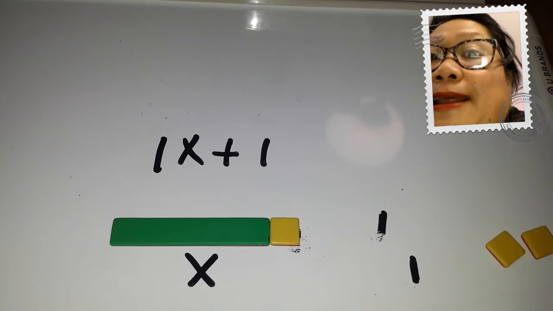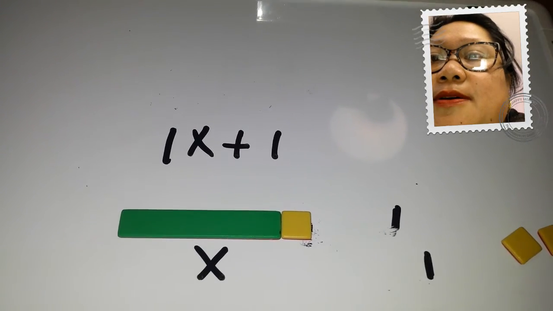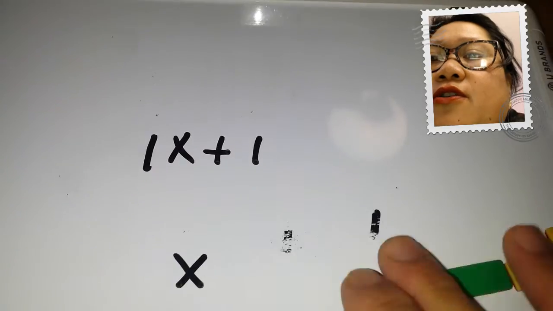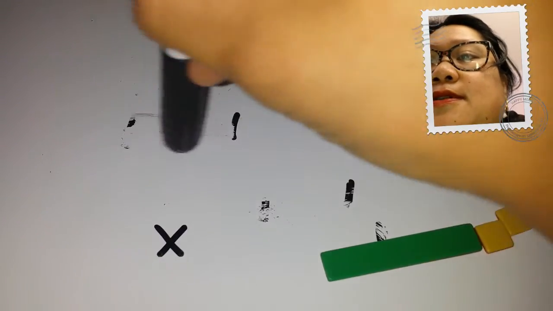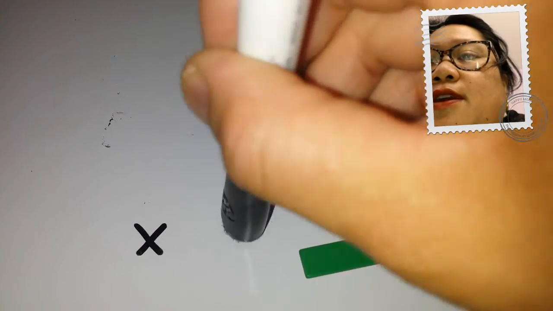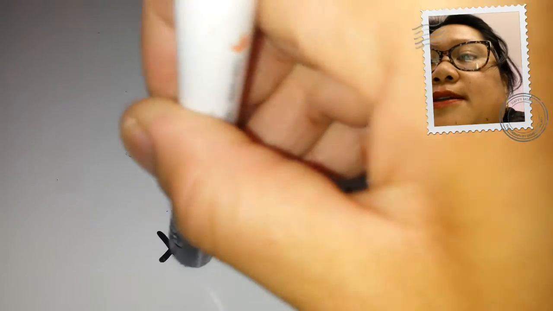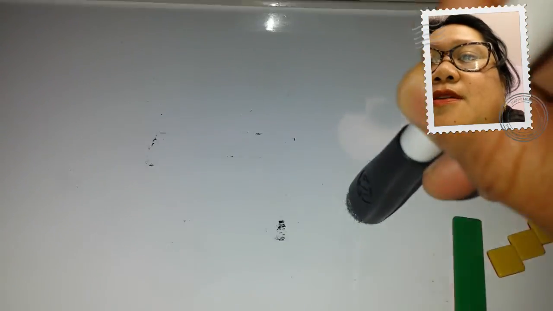I'm also going to show you how to add equations. So let me move this over here, and let me erase this over here. It's a little tricky videotaping because it seems like I'm not erasing the board properly.